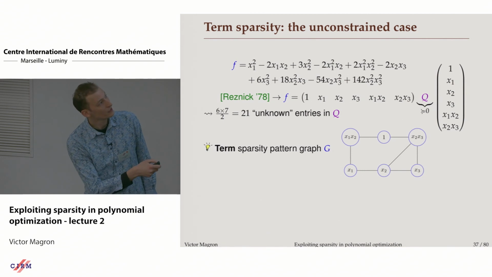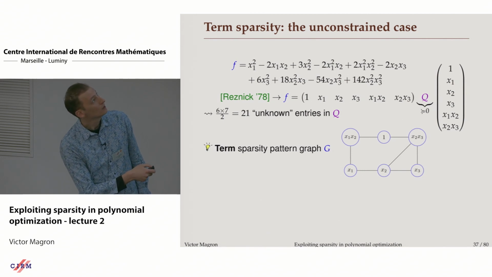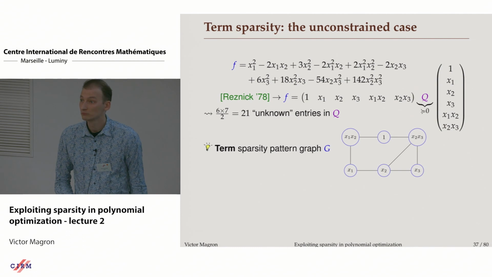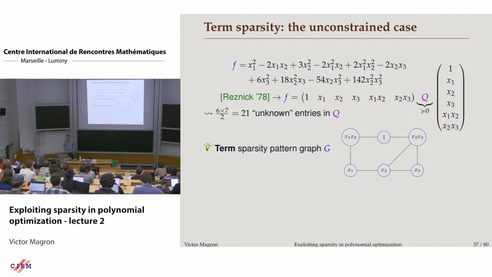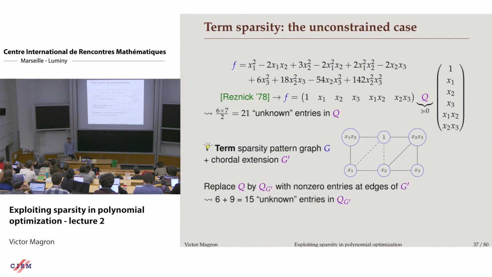But you don't have an edge between 1 and x2 because x2 is not in the support. So that's a pretty easy construction. And then as for correlative sparsity, if this graph is not chordal, you make it chordal by adding the proper edges, and then you compute cliques and so on. So the story is very similar, but instead of indexing by variables, you index by terms. That's why it's called term sparsity.